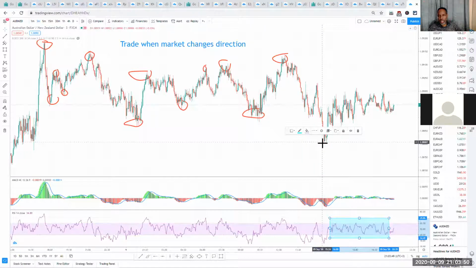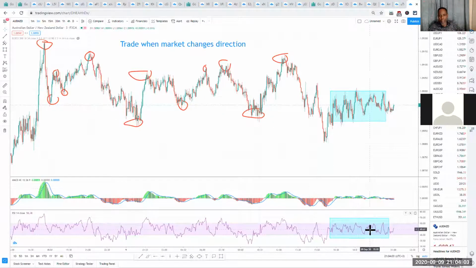Okay, that one there. And this area here. So we say that we can identify this consolidation area when the RSI is between 60 and 40. When the RSI is between 40 and 60, the RSI will help us to do that.